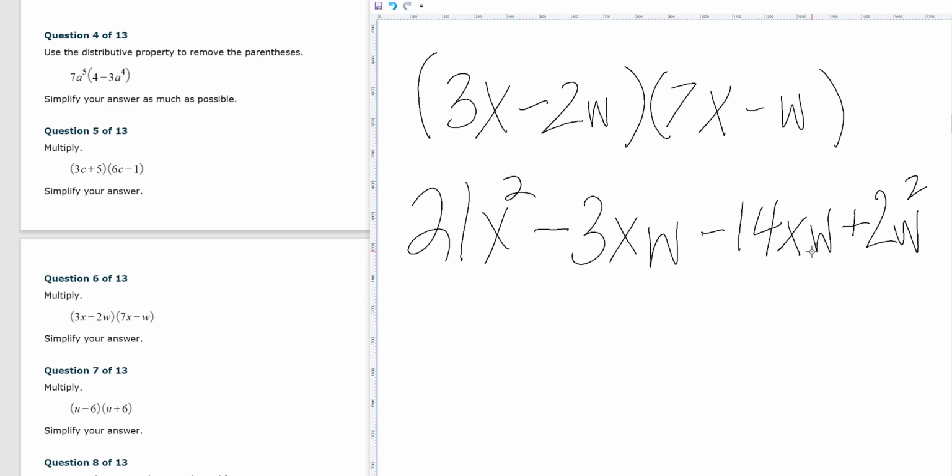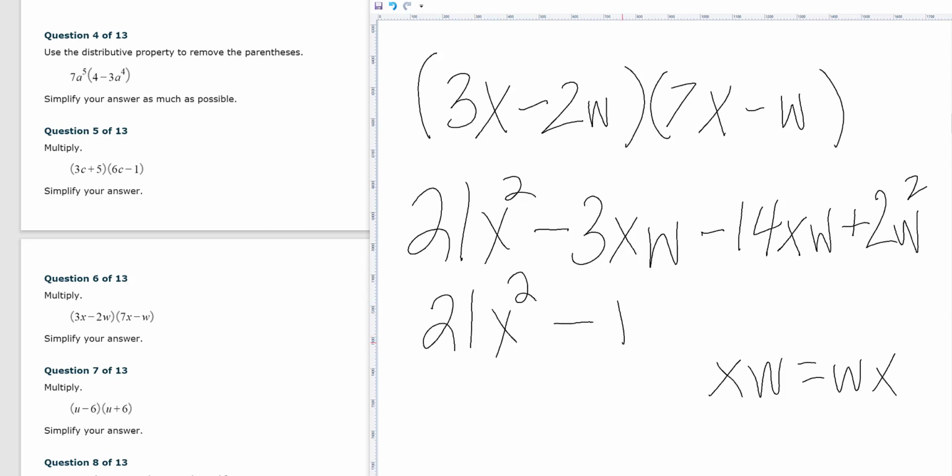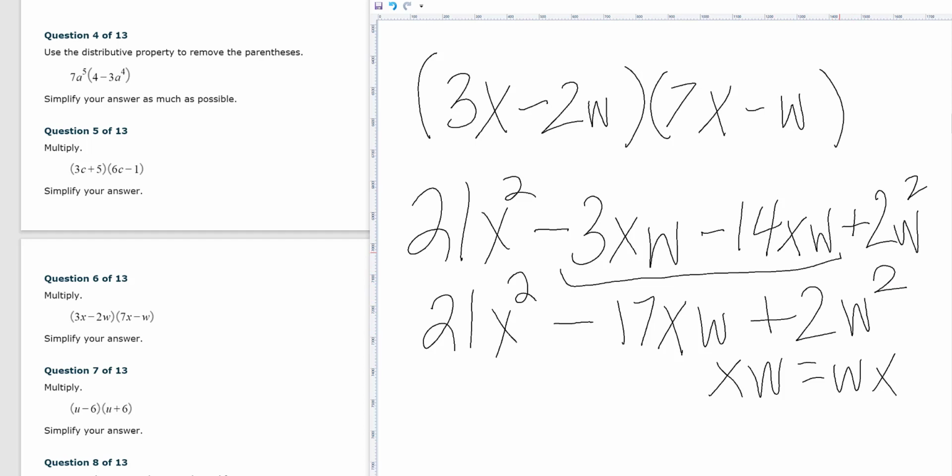And remember, xw and wx are also alike because you can multiply in either order and still have the same answer. But when I combine my like terms, it's 21x squared minus 17xw plus 2w squared. So these two terms in the middle, same sign, I added and kept the sign, and I got the minus 17xw.